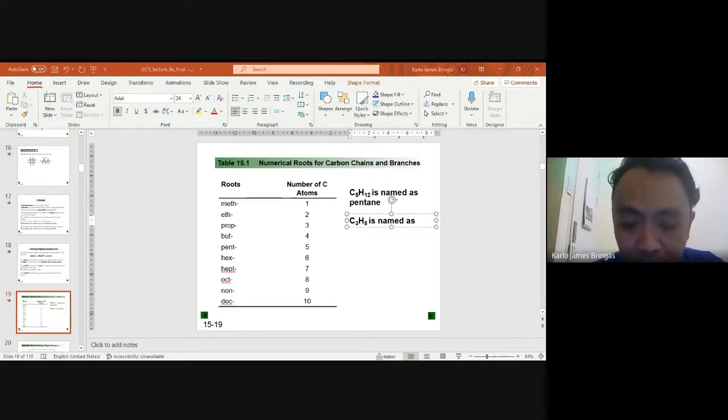Kaya siya naging pentane because ang root, so first example is pent, and ang suffix is ane. So root plus suffix gives us our name, pentane.